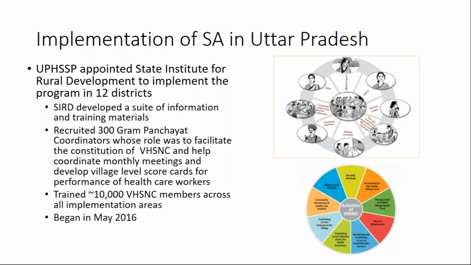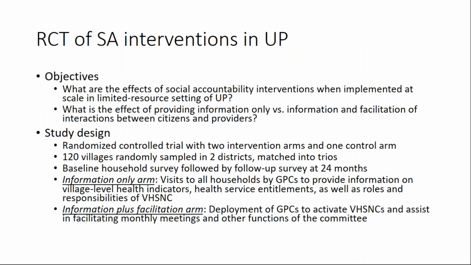So on the next slide, I'm going to tell you specifically about the RCT that we conducted. What we wanted to do is look at the effects of the social accountability interventions on health outcomes as well as health service delivery when they're implemented at scale in a resource limited setting like UP. We wanted to look also, building again on some of the findings from the studies in Uganda, at specifically what happens when you just provide information to community members versus not just providing information, but also actively facilitating the interactions between citizens and providers.